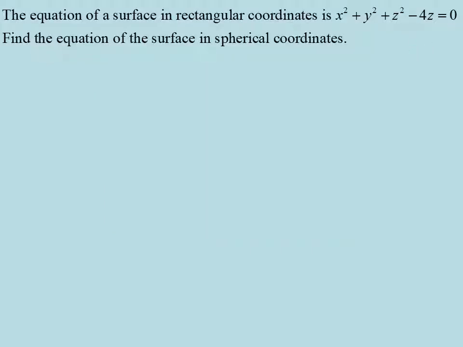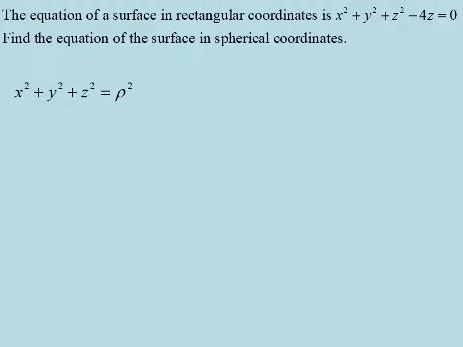Now, converting points is pretty easily handled with the TI-89 calculator. However, converting equations is a little bit more complex and takes a little bit more thinking than what a calculator can handle. So let's see how we can convert this equation from rectangular to spherical coordinates.